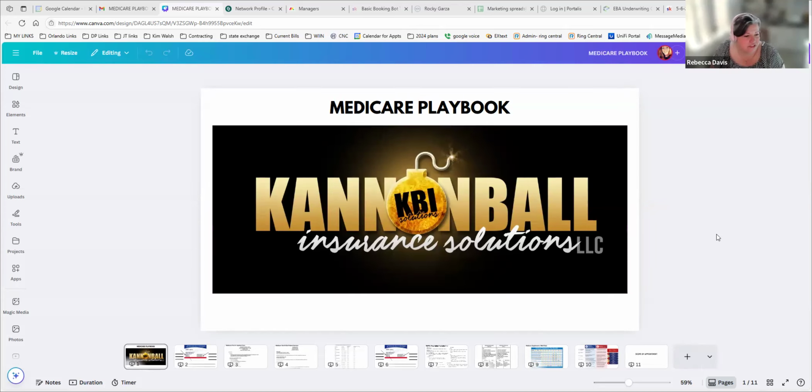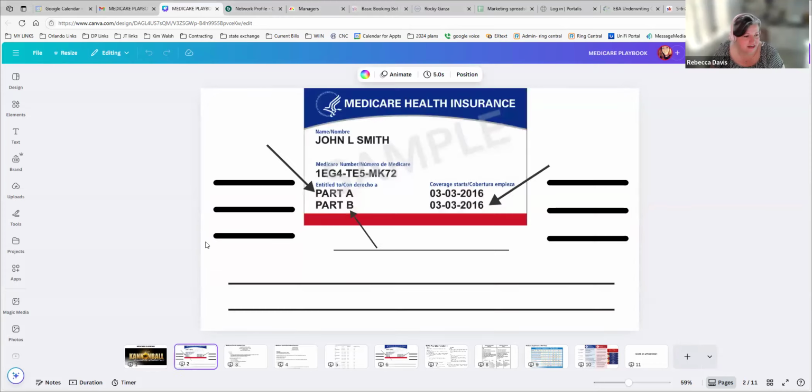So when we talk about original Medicare, one of the things I like to do with my clients, especially when I'm teaching them Medicare, is either get their Medicare card where they have a visualization, or I actually have what you see on the screen in an 8x10 laminate.